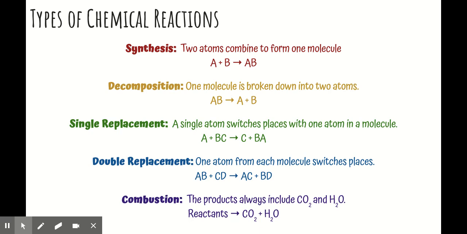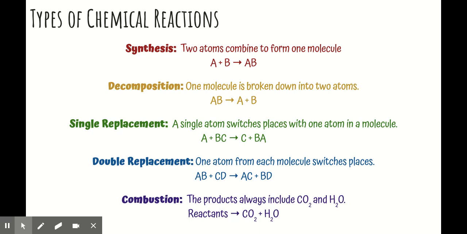If you have 2 people that are dating and then a homewrecker comes in and wants to take the person's spot, let's say they steal the girlfriend. Now the old girlfriend is kicked out and the new girlfriend's in. That's a single replacement reaction where one part of the molecule is replaced.